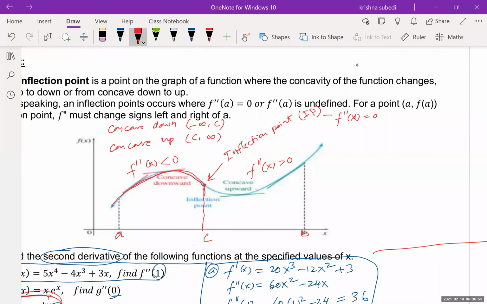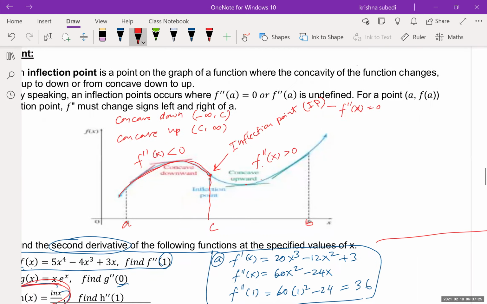For an inflection point, your second derivative is 0 or undefined, same thing. In the previous case, increasing function means your first derivative is positive. Now concave up means the second derivative is positive. A decreasing function means the first derivative is negative. Concave down means the second derivative is negative. Every step is exactly the same as we did earlier.